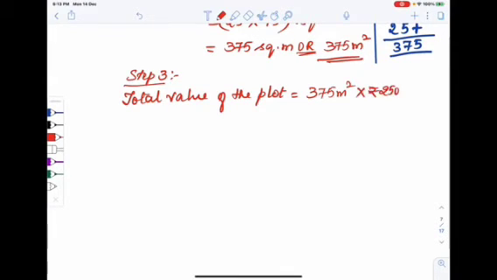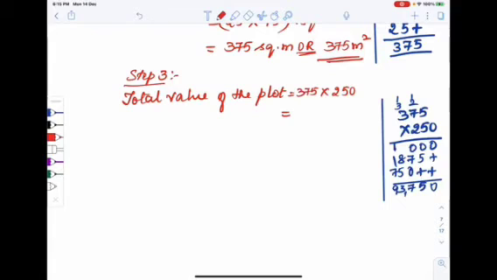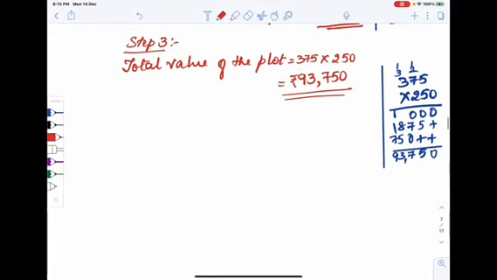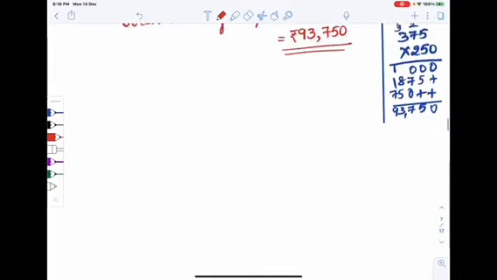Okay, so this is the cost that they have given, so we need to multiply. The final answer is 93,750 rupees. Therefore, the plot costs 93,750 rupees.